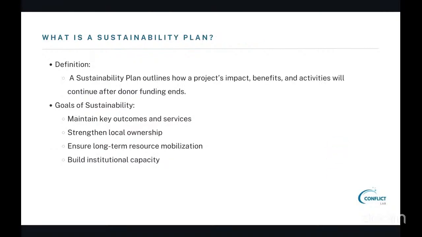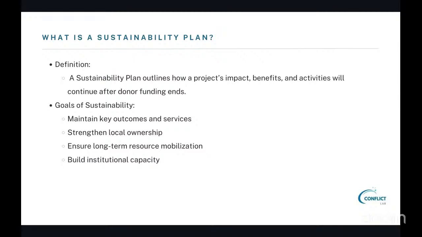So I actually wanted to talk about the sustainability plan because I know yesterday a few people had a few questions regarding it. I just wanted to make sure that you have a clearer idea of what the sustainability plan looks like or might look like, because this usually comes at the very end of a proposal. They will ask you how you intend to ensure that the project sustains and doesn't end because the grant or funding ended.